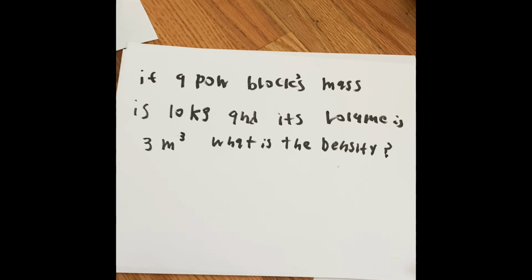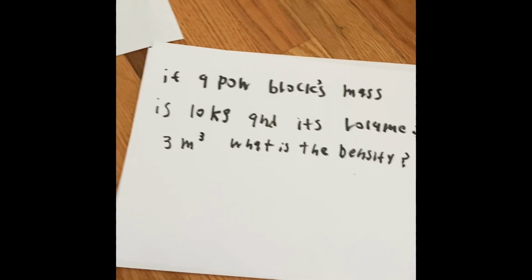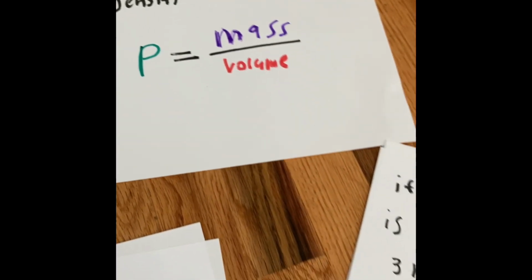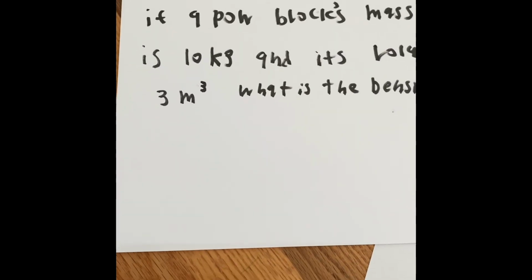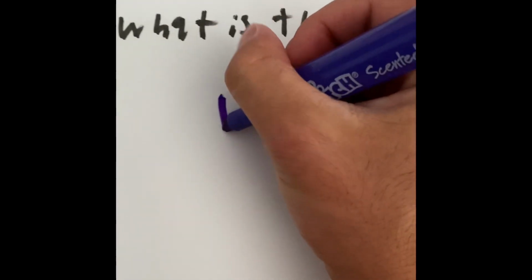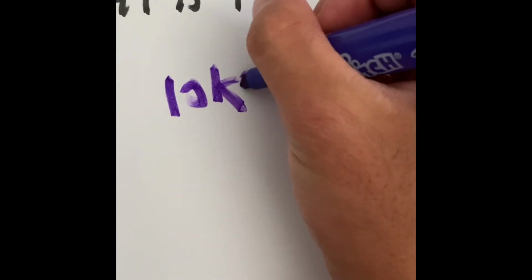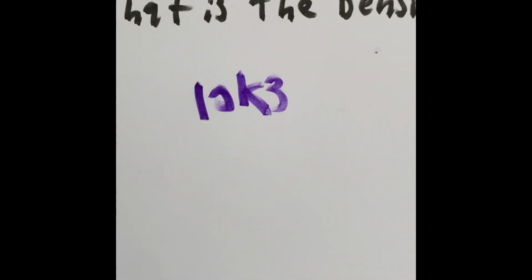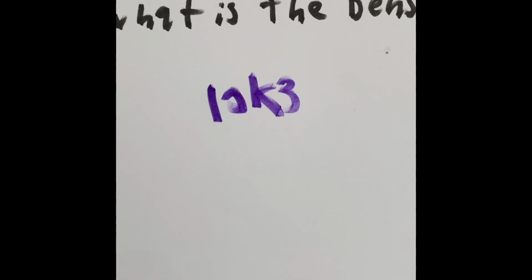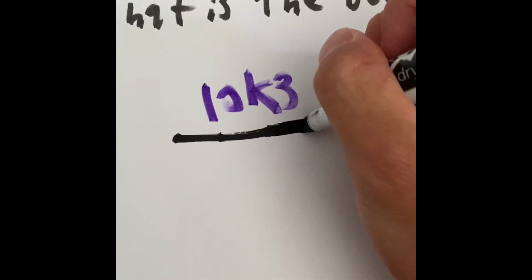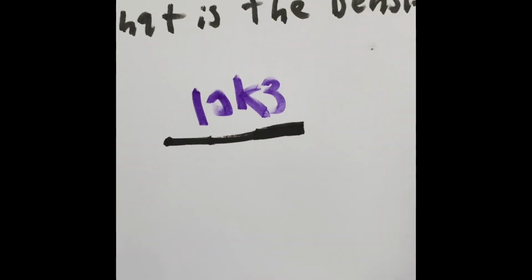Well, we can apply the formula to find the density. So we're going to use the mass as 10 kilograms, and we have to divide that by the volume, which is 3 meters cubed.